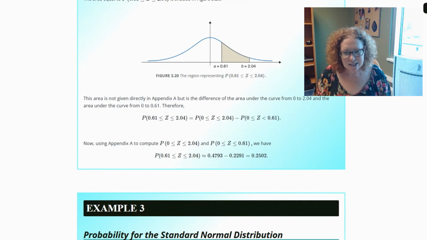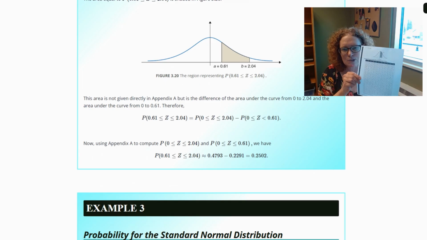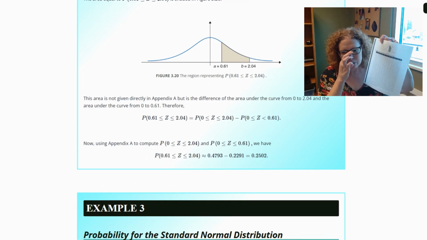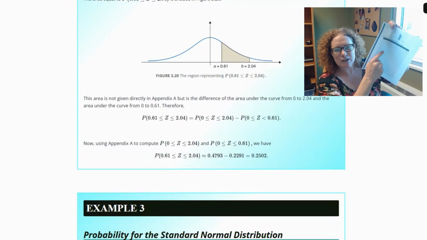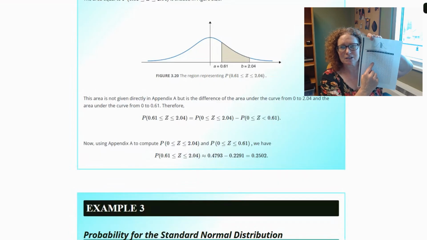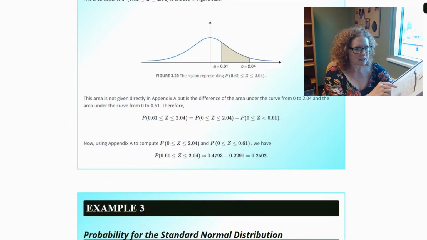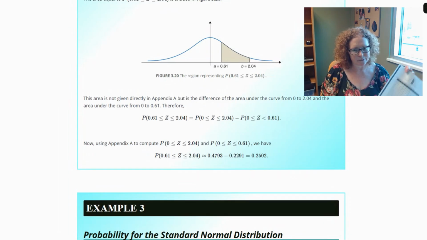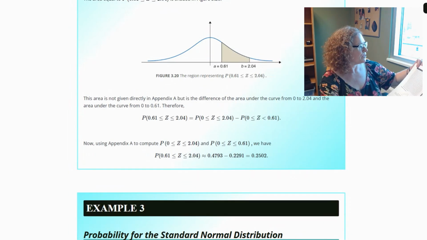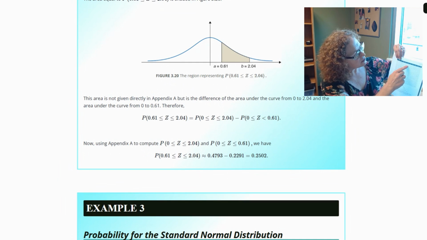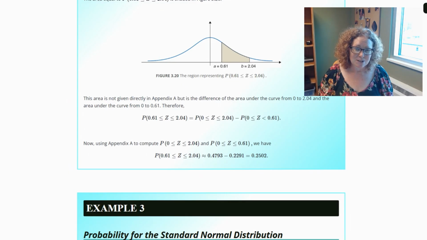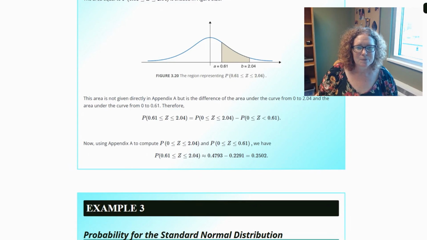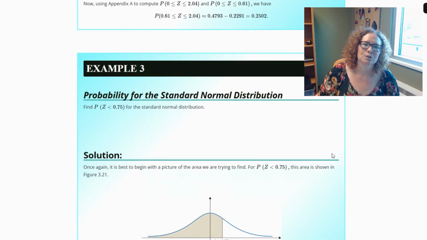Look at this: 0.61, 0.6 over to 1, 0.2291, and then 2.04. Oh, we need our other sheet, right? 2.04, we go across, 0.4793, we subtract. So the probability of z is 0.2502.